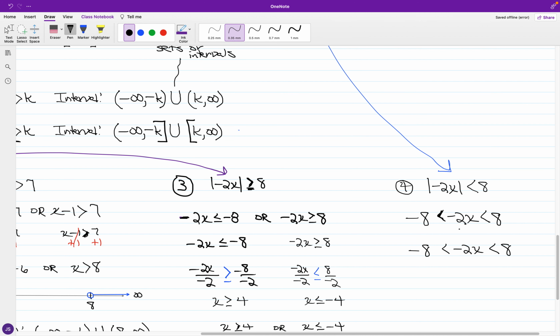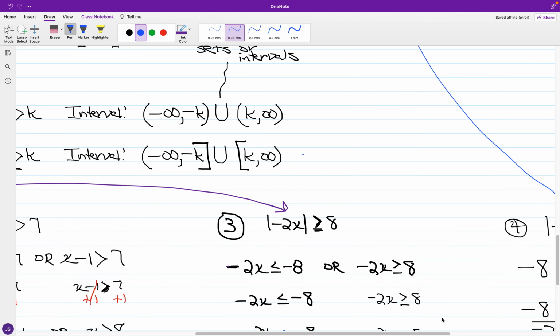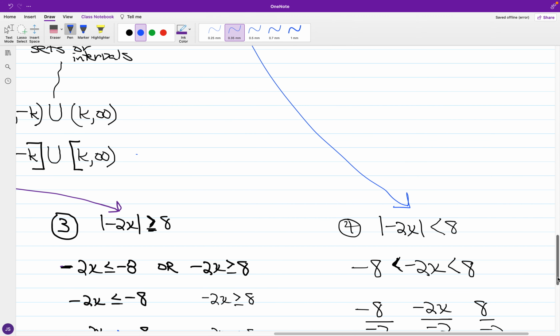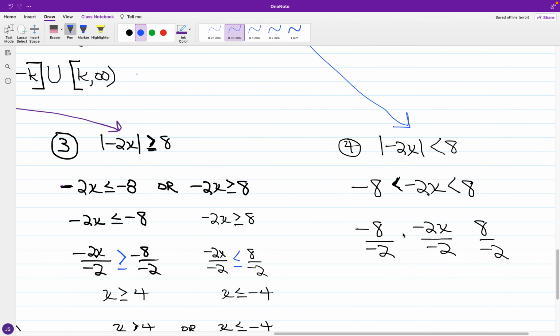And so we're going to rewrite this to where we have negative 2 in the middle. And guess what? I'm looking at division by negative 2. Since I'm dividing by negative values, if you multiply or divide by a negative, this signifies that the direction of any inequality immediately involved is going to change direction.